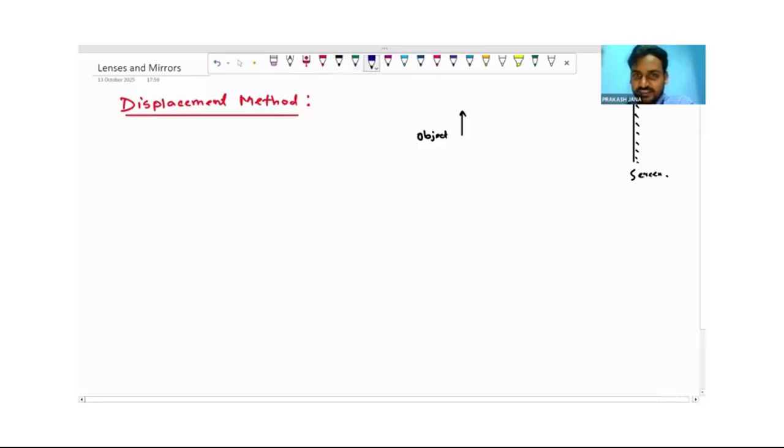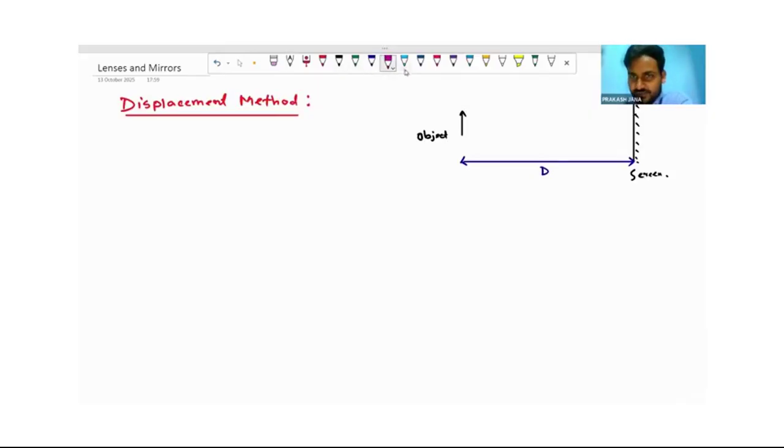The distance between the object and the screen we take as capital D. Now we will place a lens, suppose in between the object and the screen. This is a convex lens of focal length f.